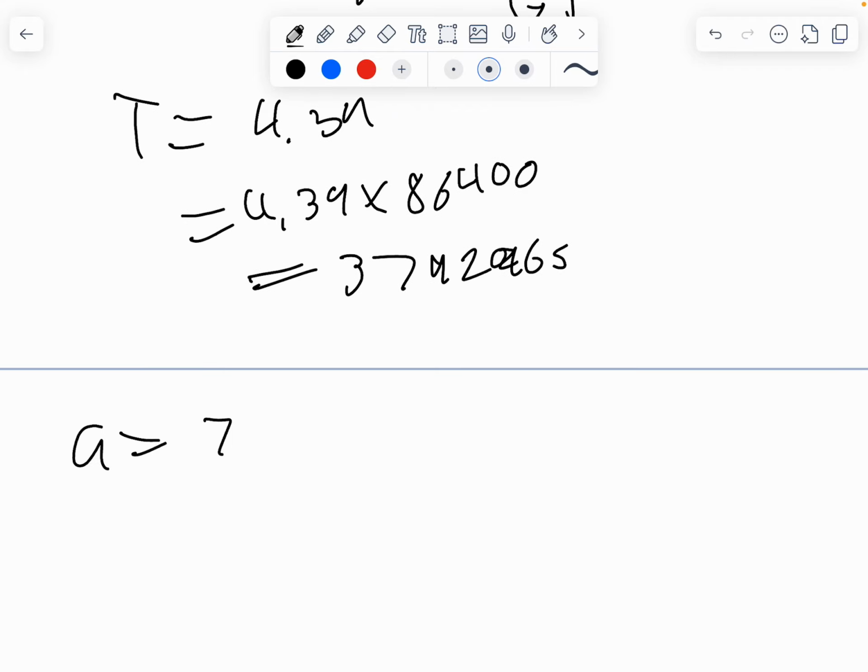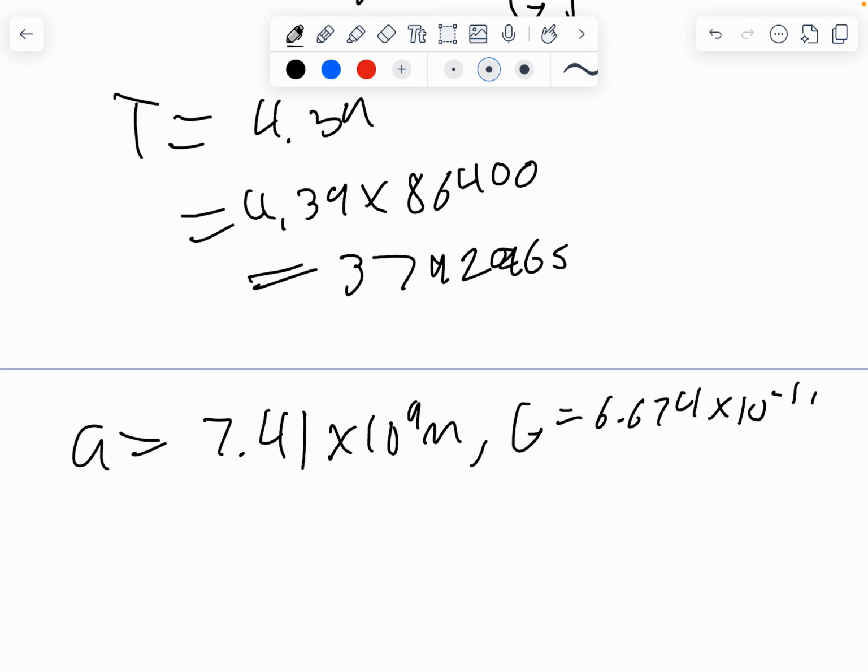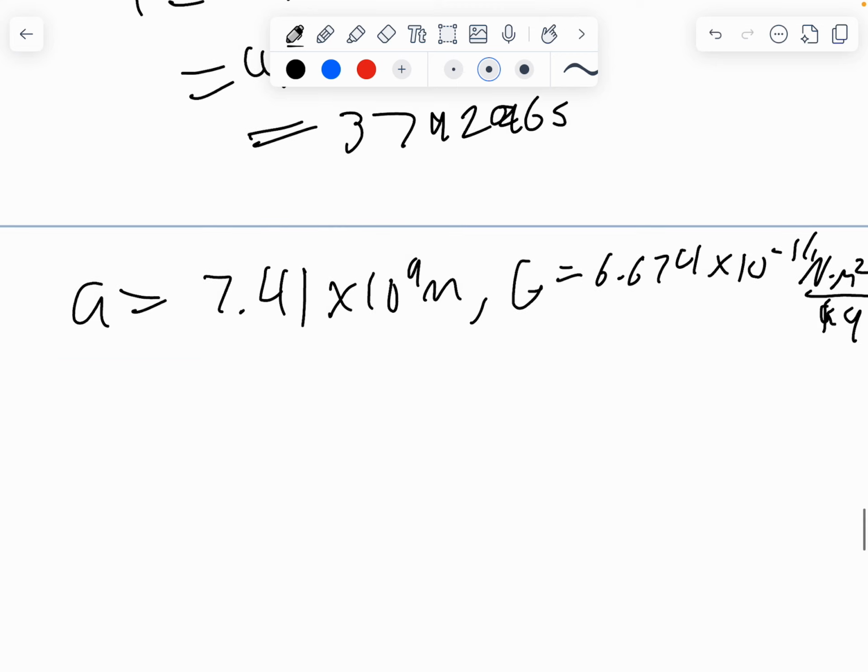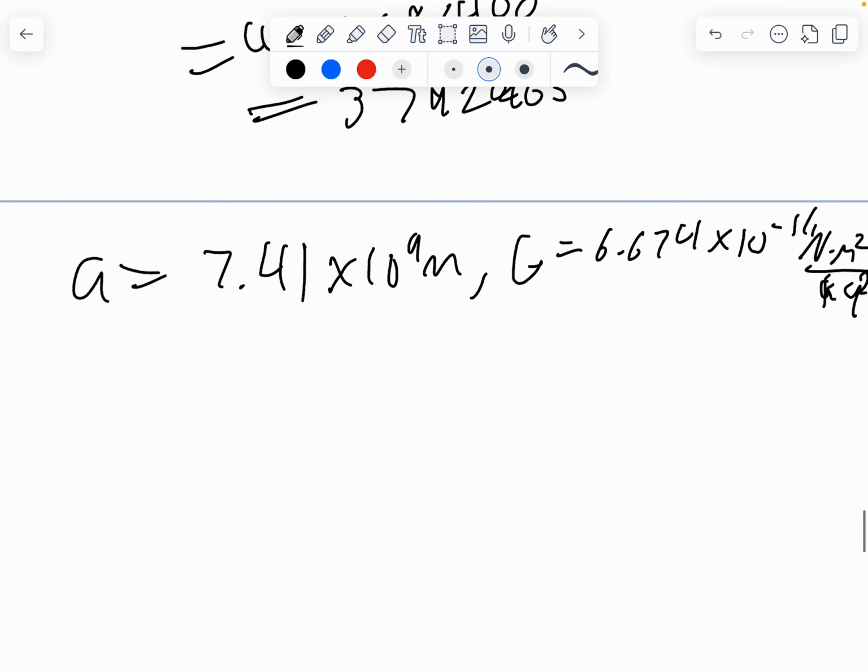We are given 7.41 times 10 to the 9th power m. We're given G, which is 6.674 times 10 to the negative 11th power N times m squared over kg squared. That's what we're given.